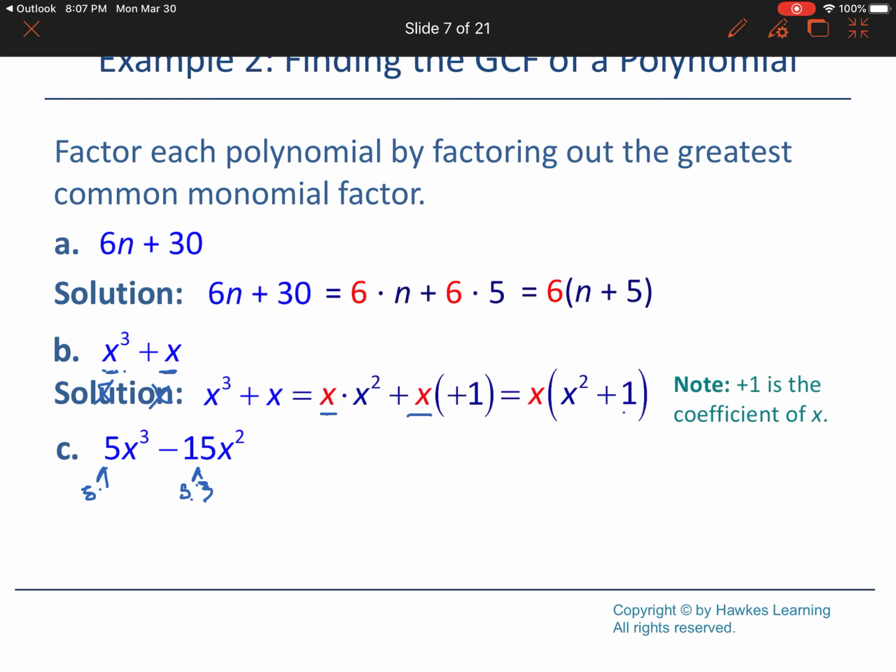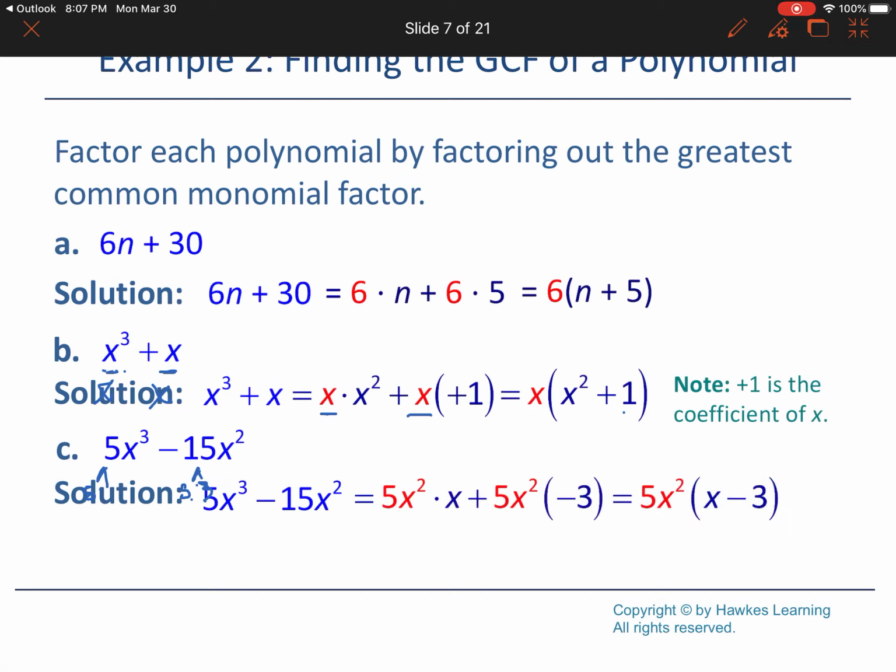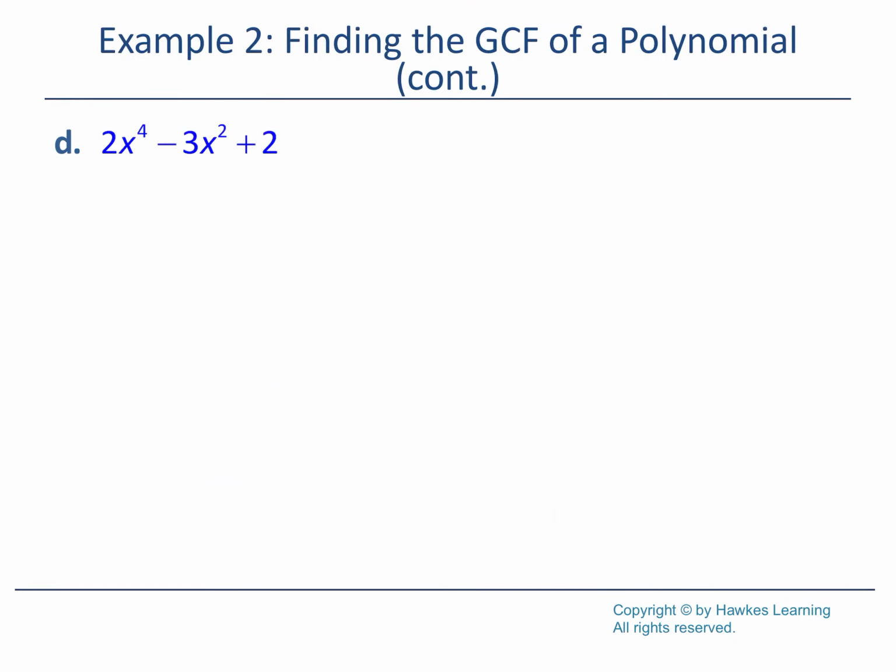Okay, and then the x squared is the common factor here because they both have x's, and x squared is the most that is in both of them, right? All right, so when we pull it out, you should have had 5x squared times x minus 3.